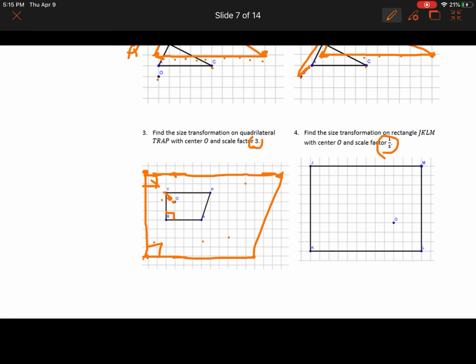This time we have a scale factor of 1/3. So here we went on the diagonals down 3, so we're just going to go here. And this one is going to be up 2 over 1 and 2 over 1. So the 1/3 of those.